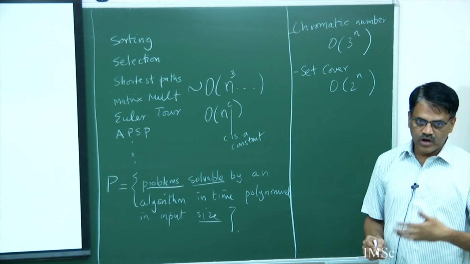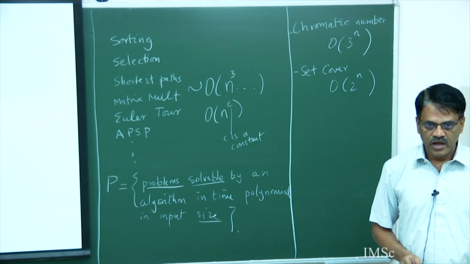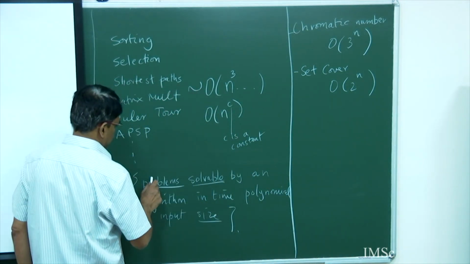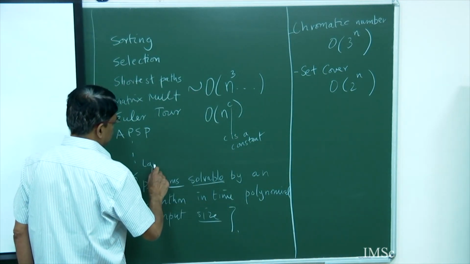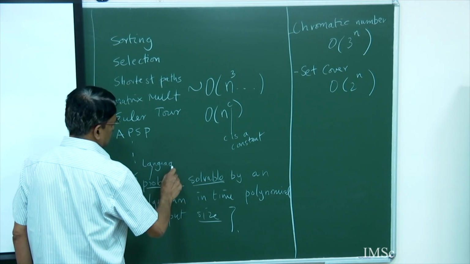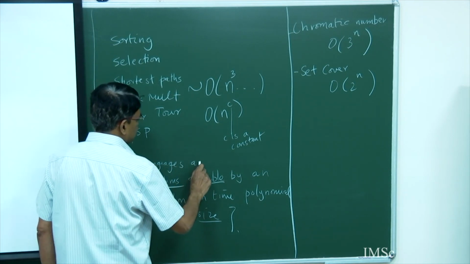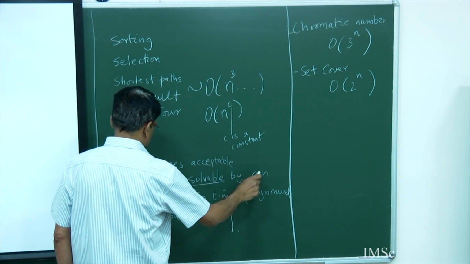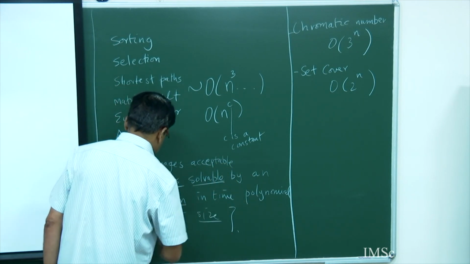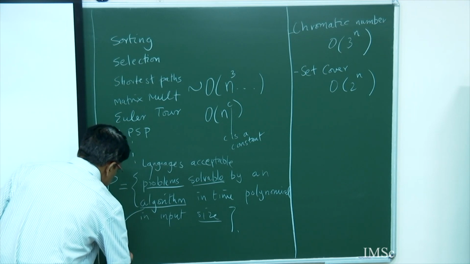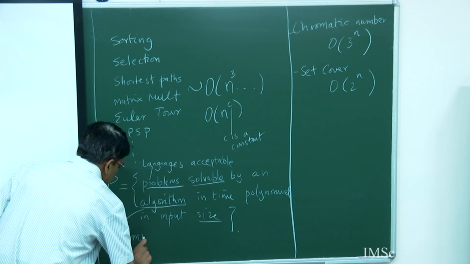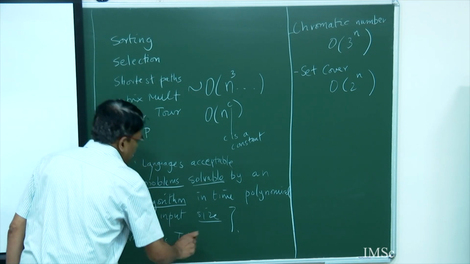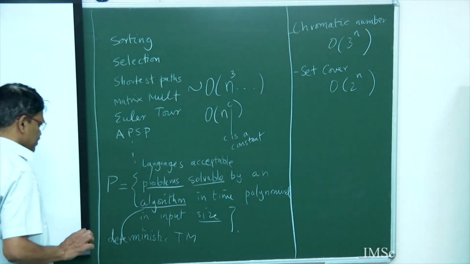If you have gone through a course on theory of computing, then I can say: languages acceptable by a deterministic Turing machine in time polynomial in input size.